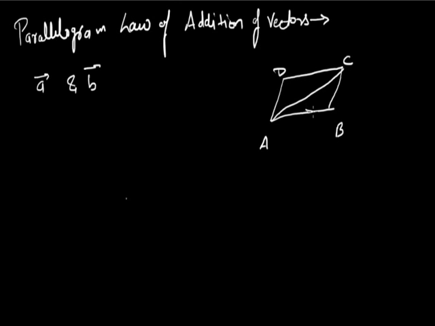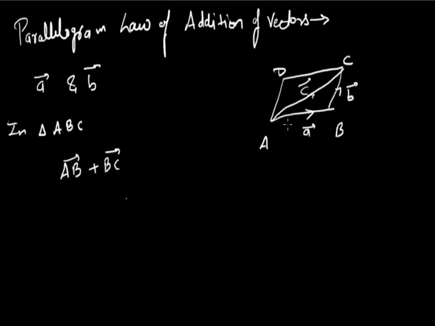Now AB represents the a vector, BC is the b vector, and the diagonal AC is the c vector. Now in triangle ABC, AB vector plus BC vector.